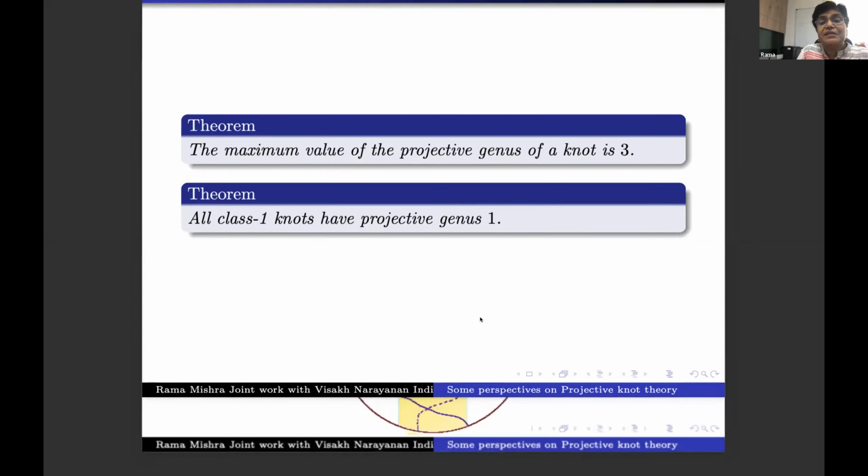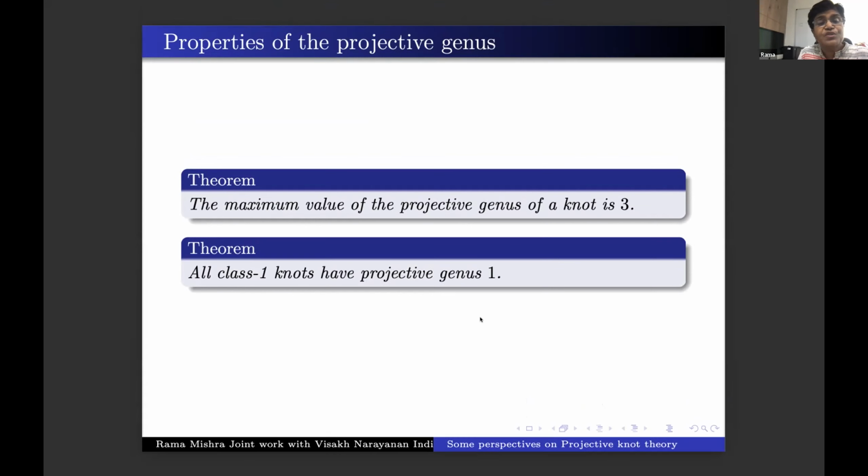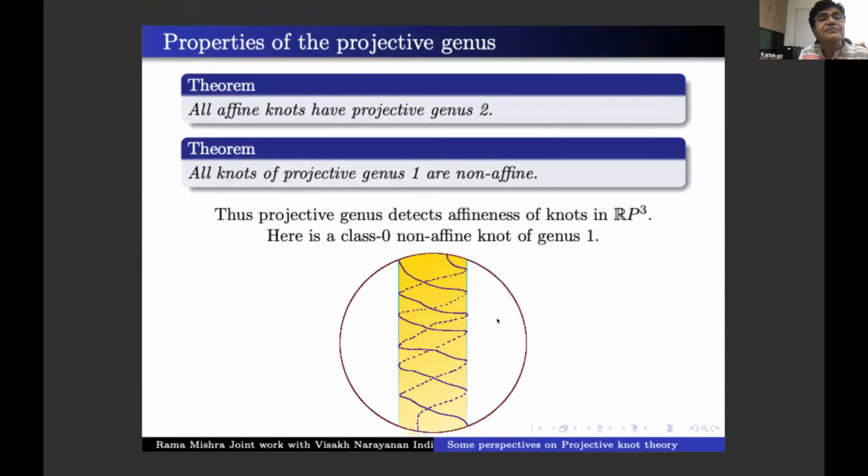When I say class 1 knots, I mean a non-trivial knot. I'm excluding the class 1 unknot. So if you take a non-trivial class 1 knot, then its projective genus is 1, because you could find a torus as the inverse image whose genus is 1.